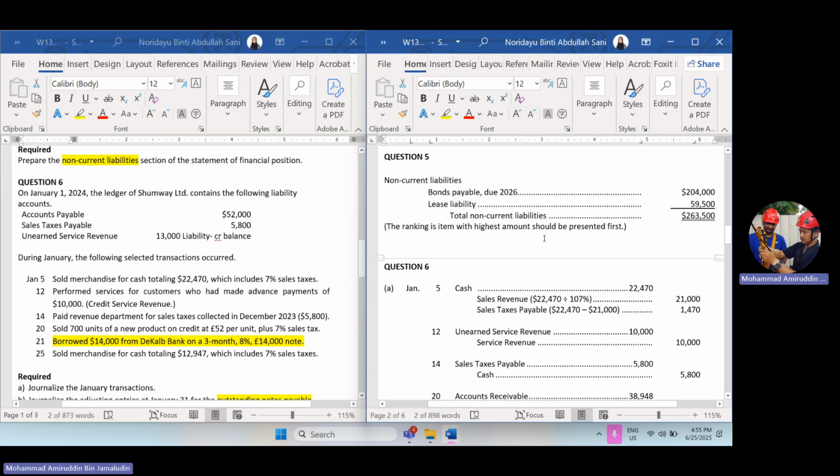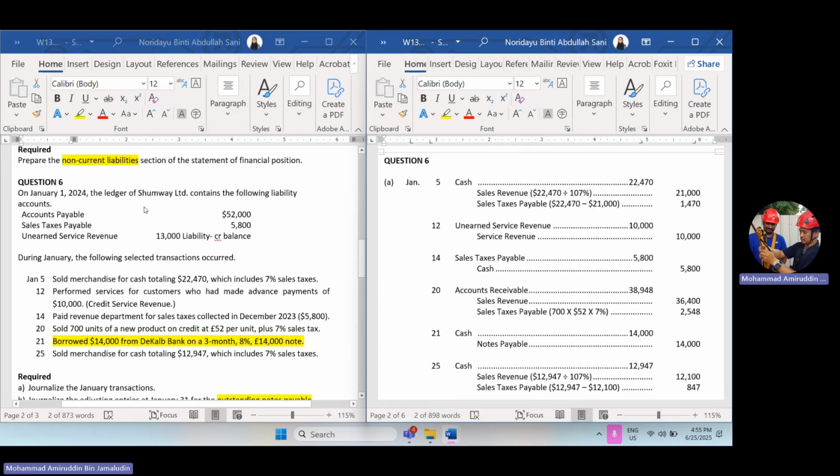Okay, question 6. On January 1st, 2024, the ledger of Shumway Limited contains the following liability accounts: accounts payable, sales tax payable, unearned service revenue. And what is this unearned service revenue? You must recall your adjusting entries topic from that day.